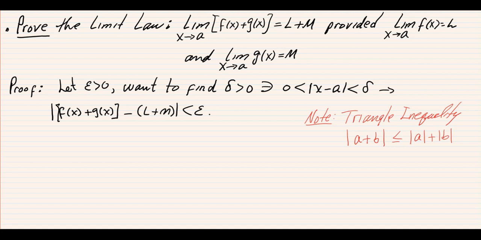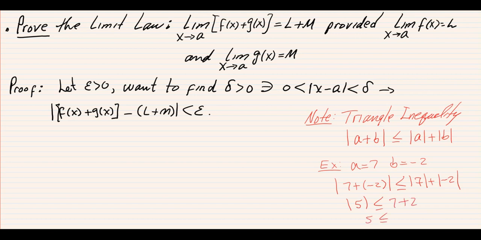For example, let's say a is 7 and b is negative 2. The absolute value of 7 plus negative 2 is less than or equal to the absolute value of 7 plus the absolute value of negative 2. The absolute value of 5 is less than or equal to 7 plus 2, so 5 is less than or equal to 9.